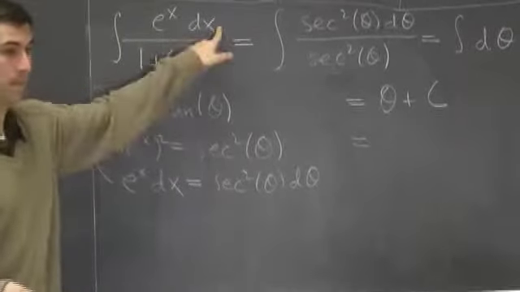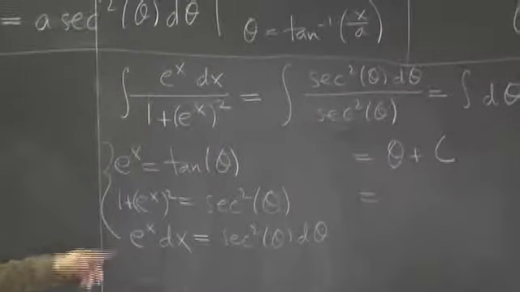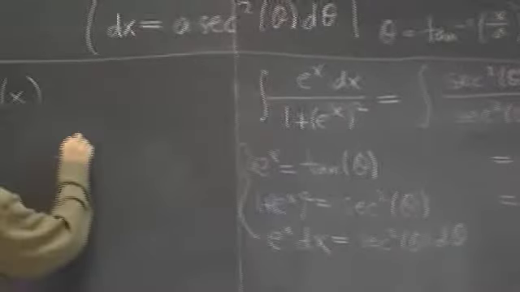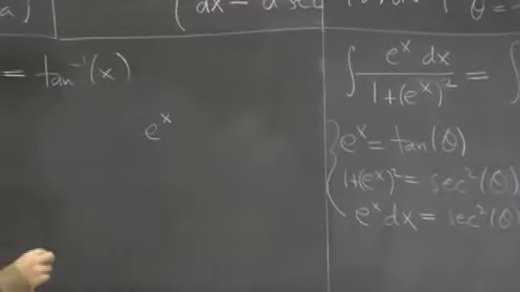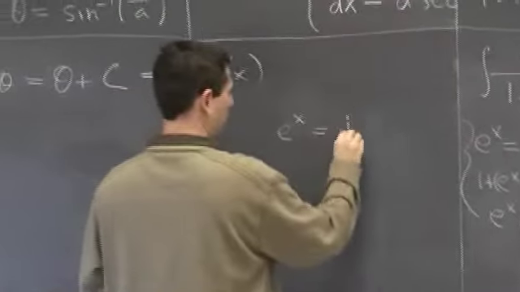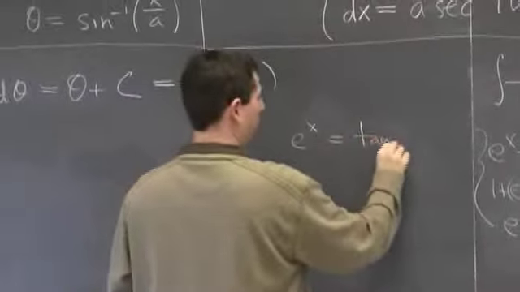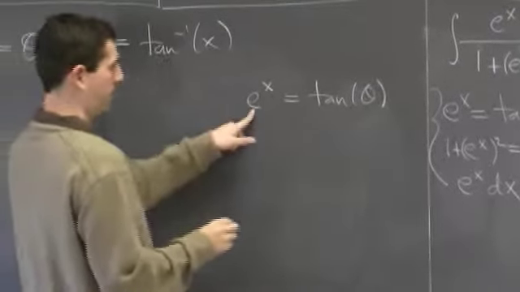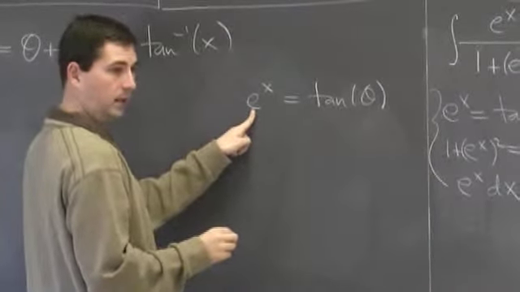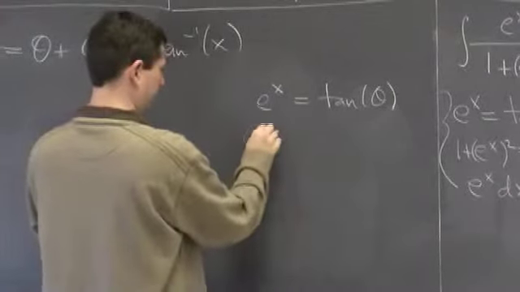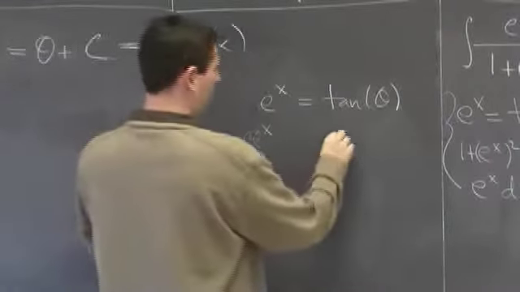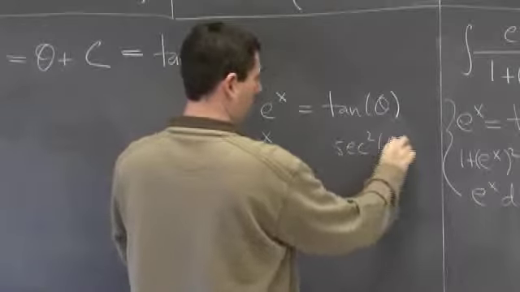Oh, how I got this. Okay. So we'll start with e to the x, and it equals tangent of theta. Now I'm going to differentiate. On the left side, I get e to the x, and on the right side, I'm getting secant squared.